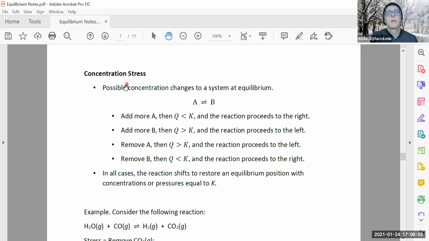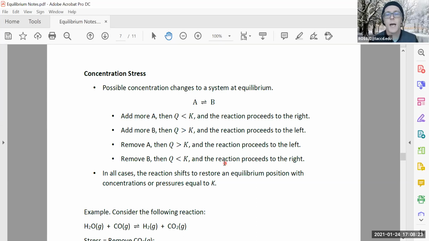Concentration stress, so possible changes. Let's say you have a system at equilibrium, A to give B. If we were to increase the concentration of A by adding more A, then suddenly Q would be less than K, so it would shift right.